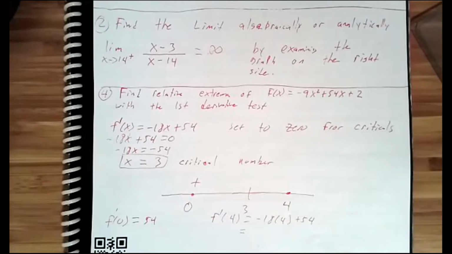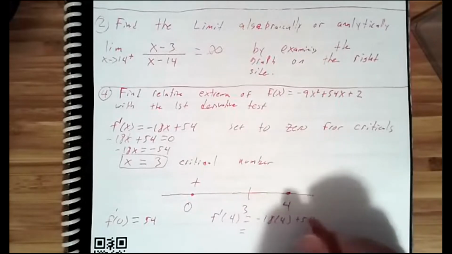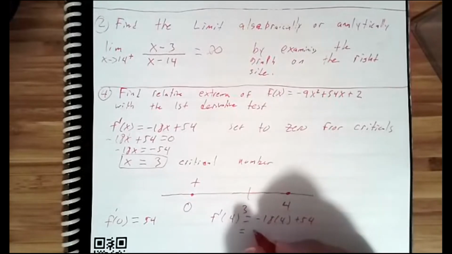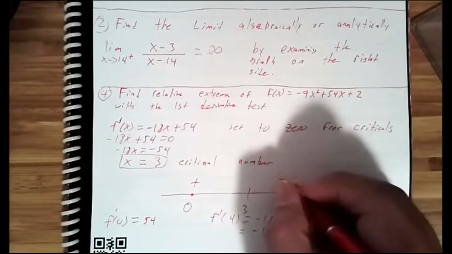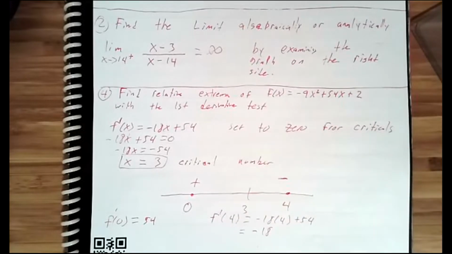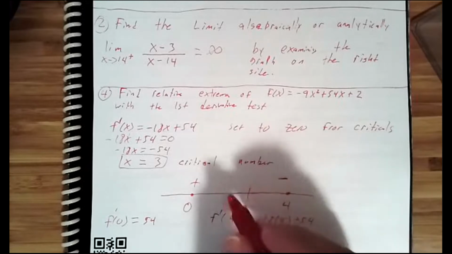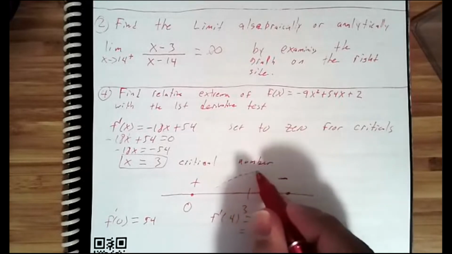I believe that's negative, because that's negative 18. Right? So there's my first derivative test. I plugged in the numbers around the critical point, critical number. So I have increasing, decreasing.